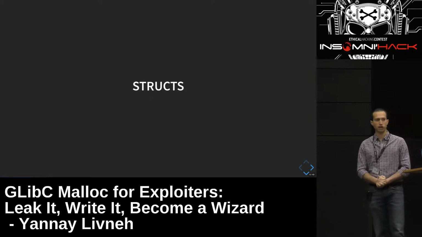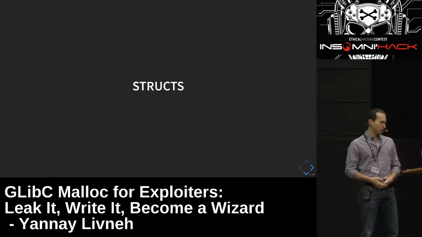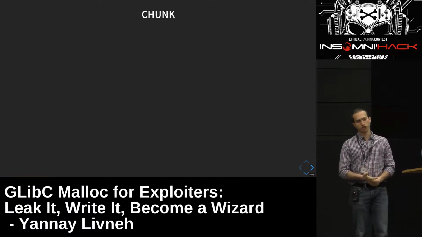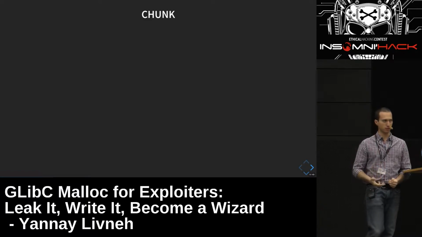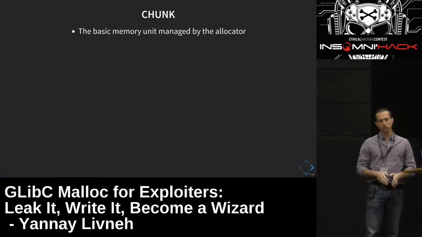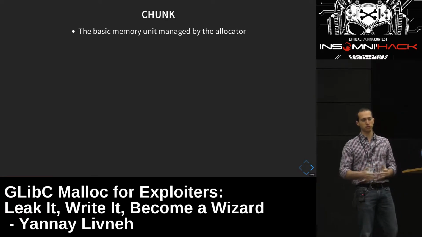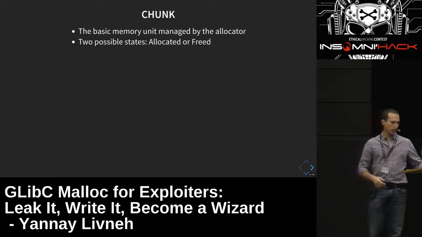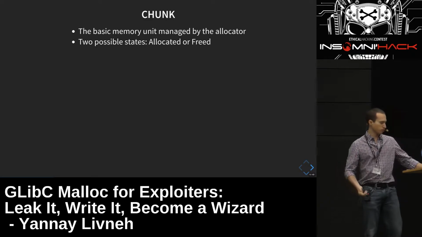To help implement all this functionality, internally there are some structs used. We start with the chunk, which is a logical structure. It's not exactly how it is in the C code, but this is what you would see in memory. A chunk is the basic memory unit used by the system to allocate and deallocate memory, and chunks can be in two possible states: allocated to a user or freed.